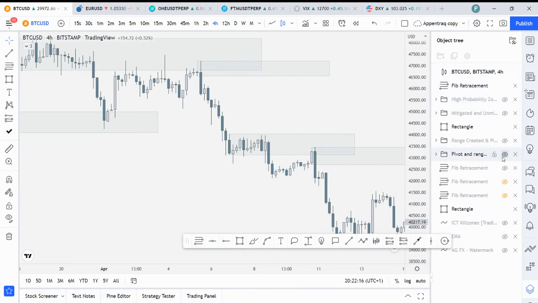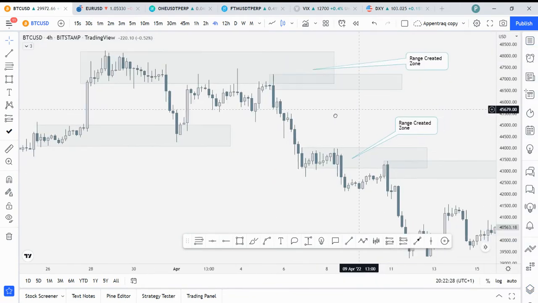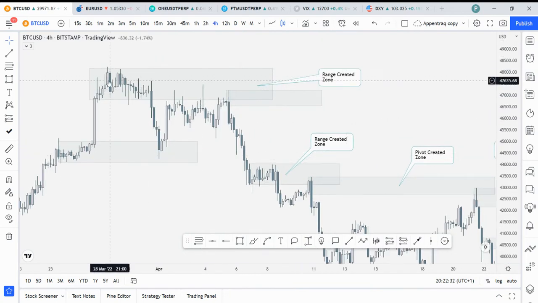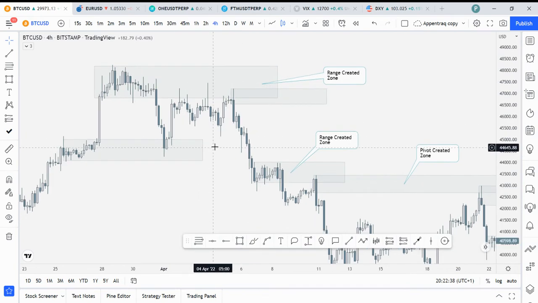So, like I said, this is an example of a range created supply zone, and you can also see from here that there is a small range, not very obvious, but you can see that there is a small range here.